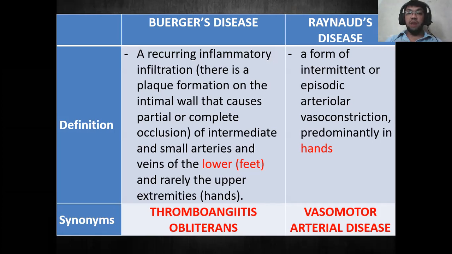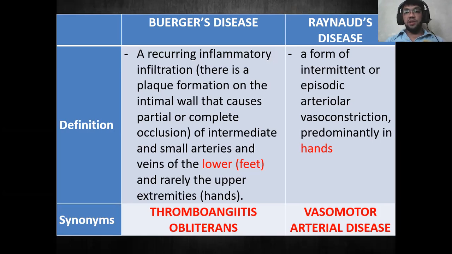So, it can cause either partial or complete occlusion of the intermediate and small arteries of the veins of the lower feet. And it rarely affects the upper extremities, but it sometimes affects them as well, such as the hands. So remember, there's plaque formation, most likely of the blood vessels of the lower extremities in Buerger's disease.